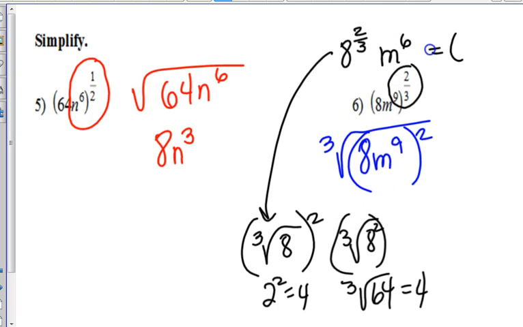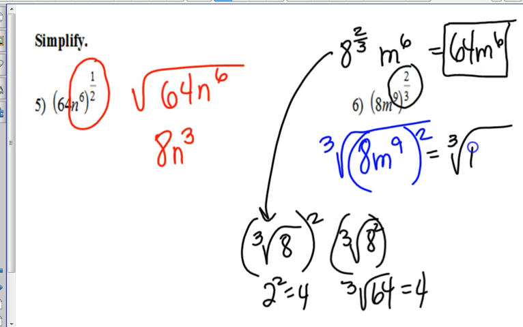So this became 64m to the 6th. If we had done it here and squared it all first, we'd have had the cube root of 64m to the 18th. The cube root of 64 is 4. What did I do? This is supposed to be a 4. Yeah, thank you. This is a 4, and then we divide this by 3 and we get m to the 6th.